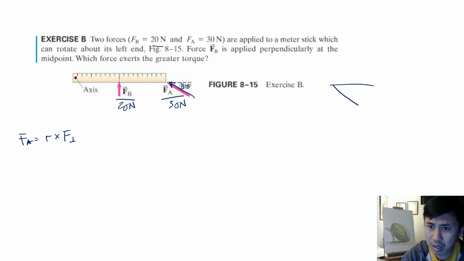So here we know the hypotenuse is 30 newtons. So we want this guy. We want the force along the y. And if this theta is 30 degrees, let's remember our sine and cosine. Along the x, this is F cosine theta.